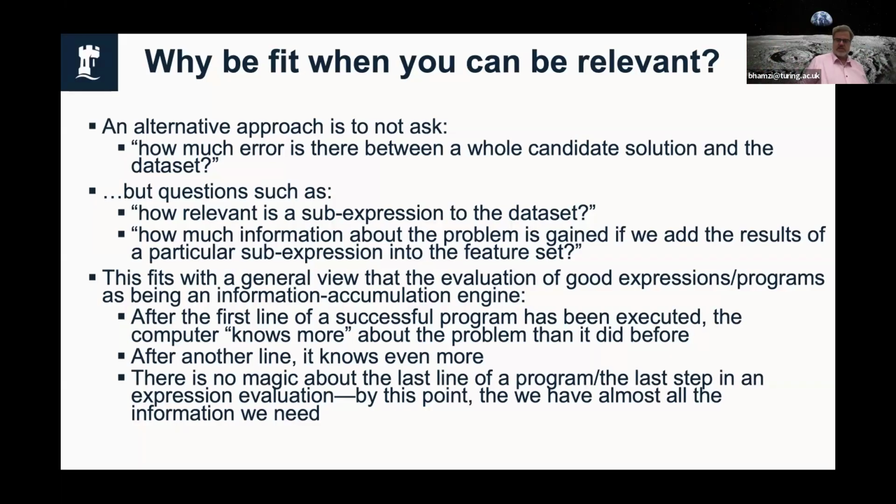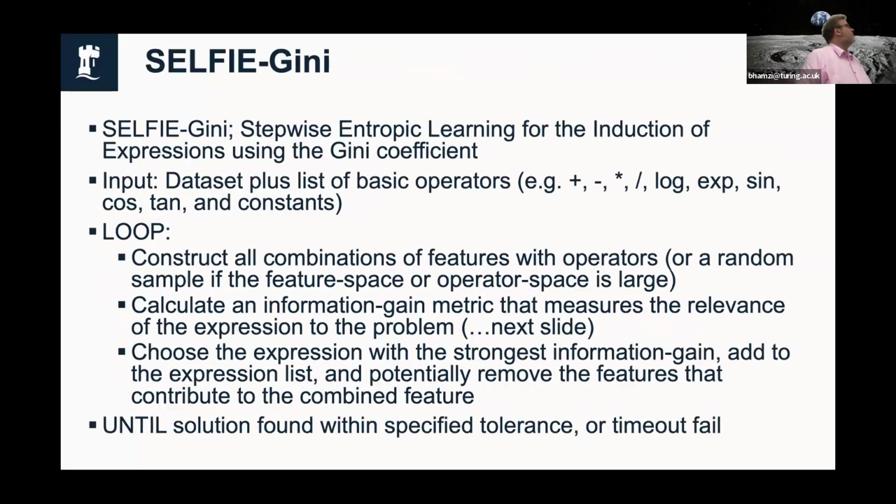So I've been trying to do some empirical work to find a way of quantifying this. So what are we doing here? We're using some kind of measure based around the Gini coefficient. We've got a traditional setup for a symbolic regression problem: a data set plus a list of operators. These might be mathematical operators, constants, and so on. And then we've got a loop.